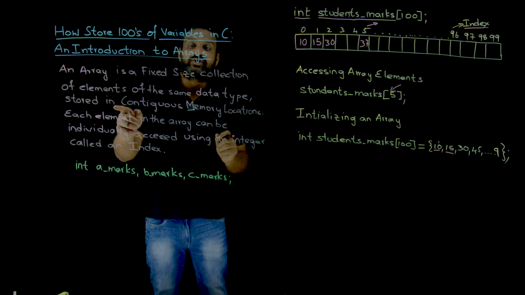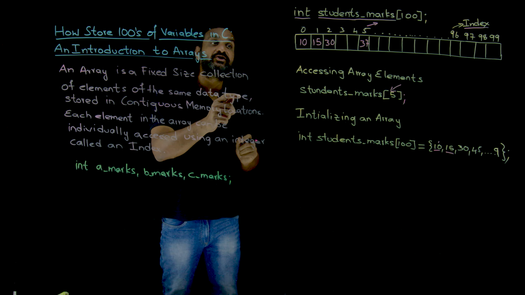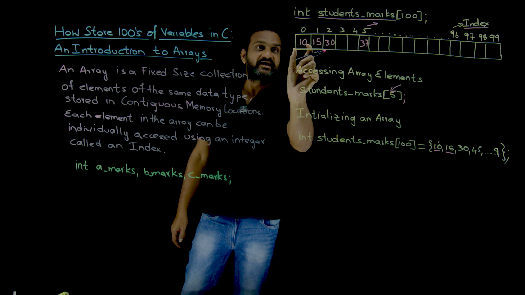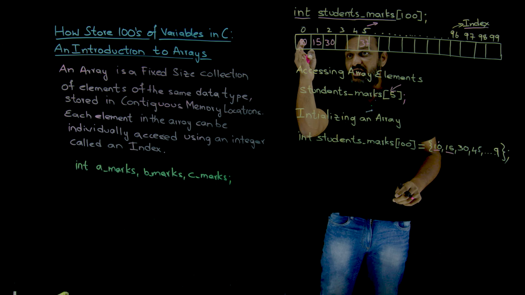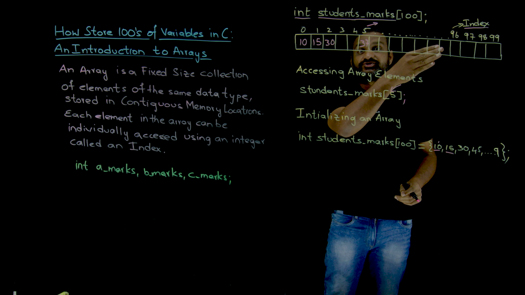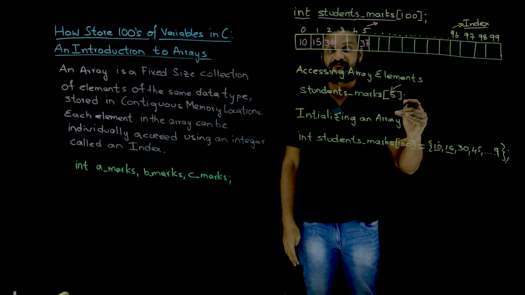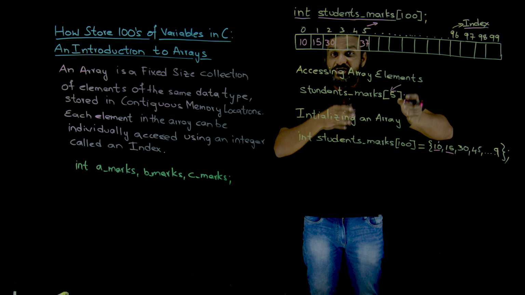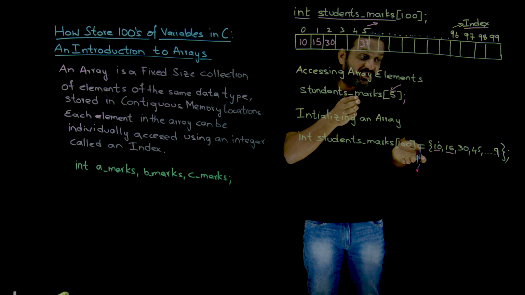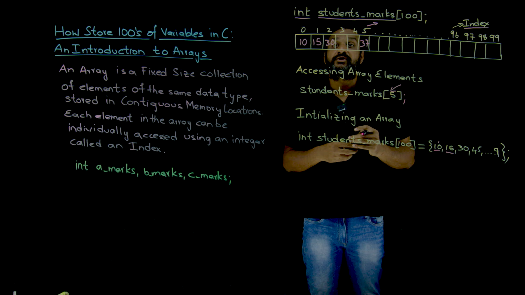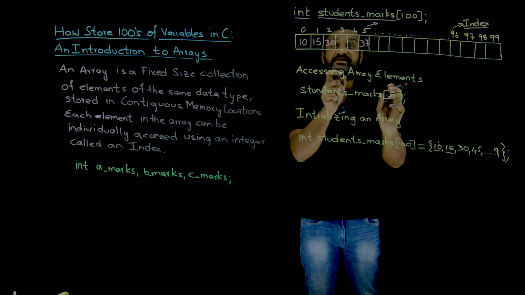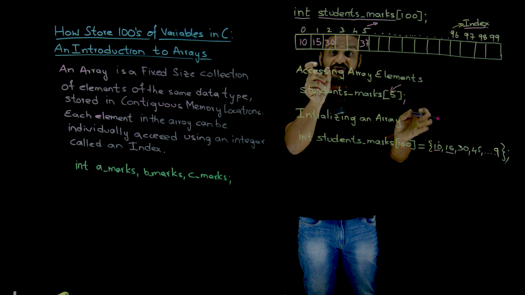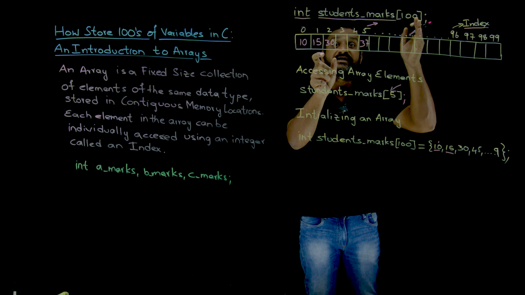And they are stored in contiguous memory locations. If you take these memory locations, all these elements are continuously stored in the memory. We will get the complete visualization of these concepts, and how continuously the elements will get stored.